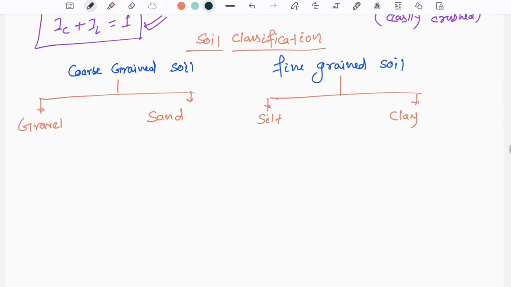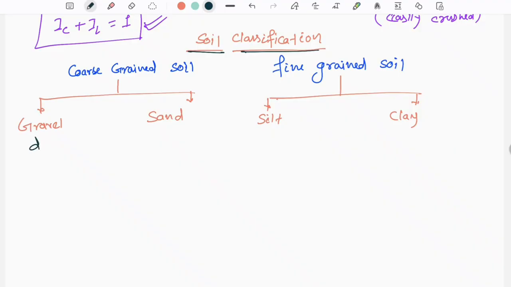Now come to soil classification. Soil is classified into coarse grained soil and fine grained soil. Coarse grained soil is of 2 types, gravel and sand, based on the size of the soil. And fine grained soil also has 2 types, silt and clay. Which soil is called gravel?